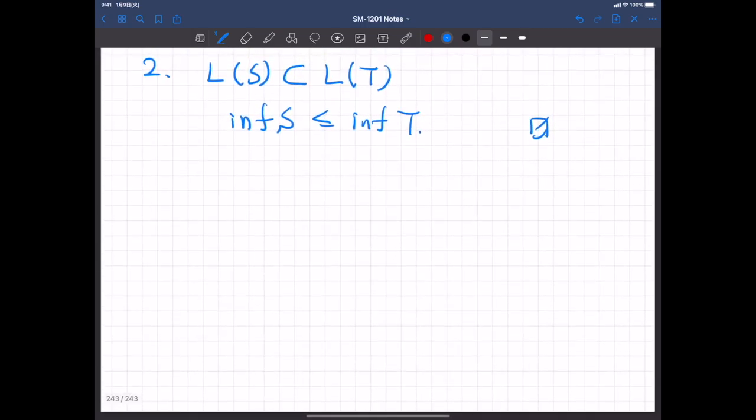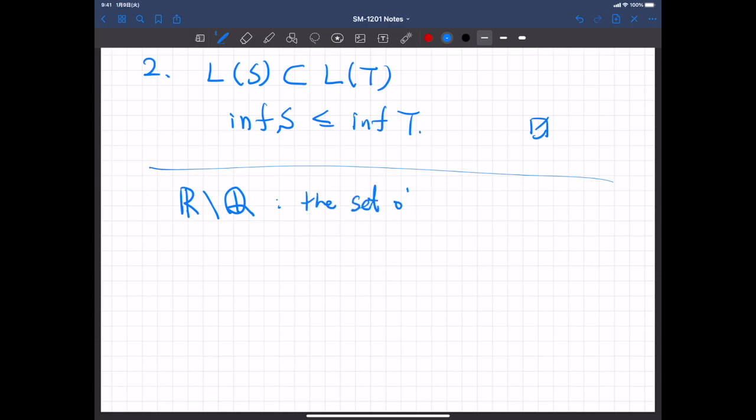Now we turn our attention to the continuity of real numbers. So first consider this set: real numbers minus rational numbers. So this is the set of irrational numbers. If you consider the set of rational numbers on the number line, there are many spaces between any two rational numbers.